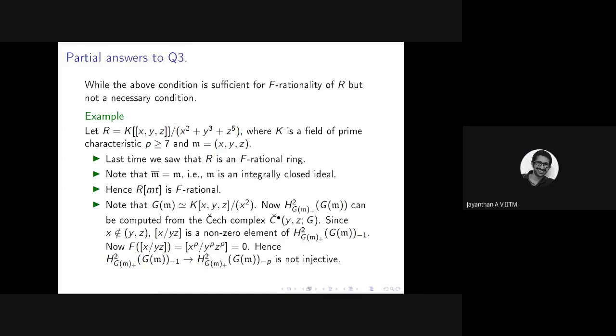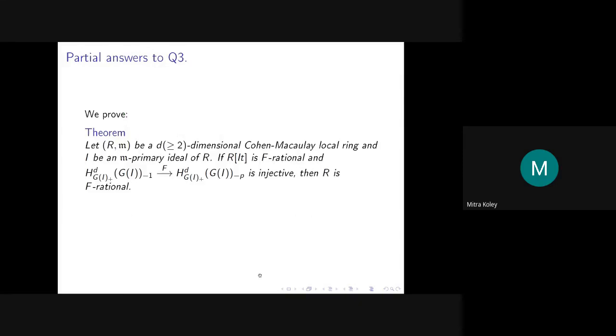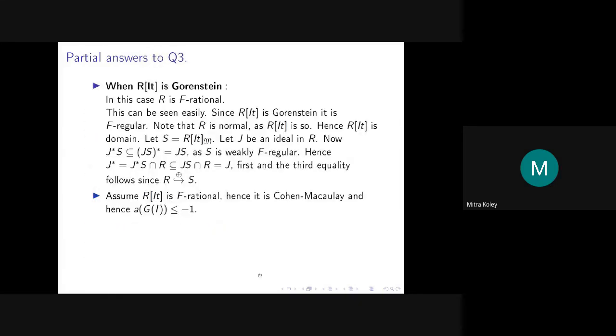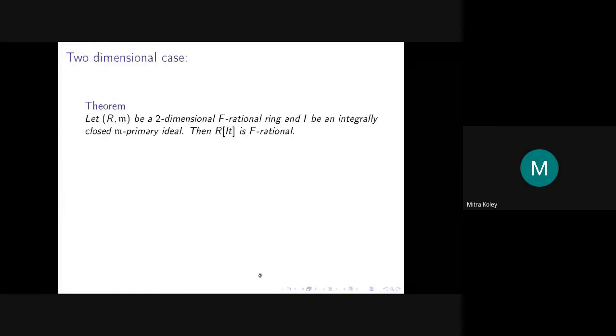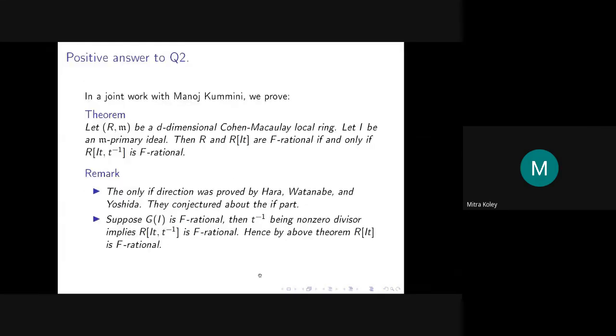I'm not sure whether you're really talking about the rationality of G_I. But I said here that if one can show that G_I is F-rational, then the Rees algebra will be F-rational by our theorem. This is the second remark: let R be F-rational, with T inverse a non-zero divisor, then the extended ring will be F-rational. But the converse is not true.